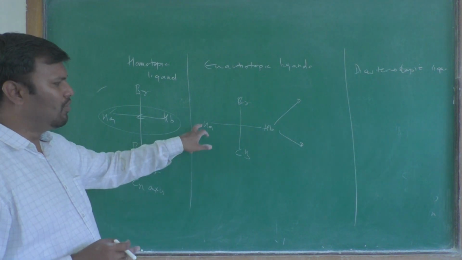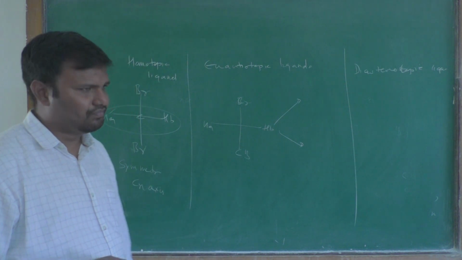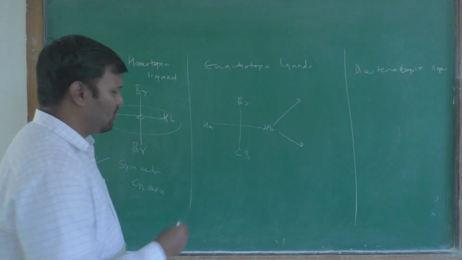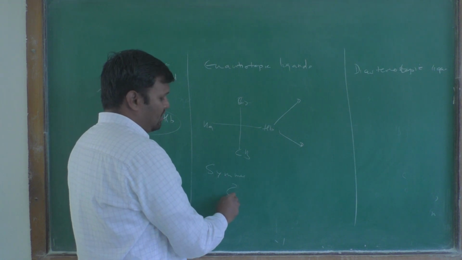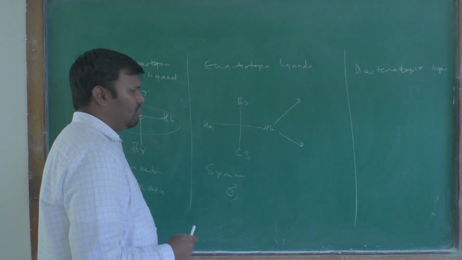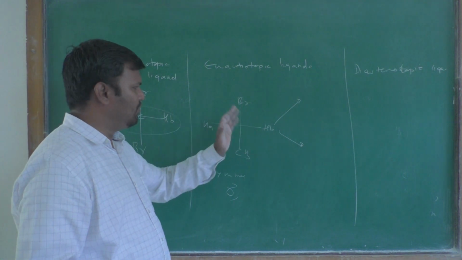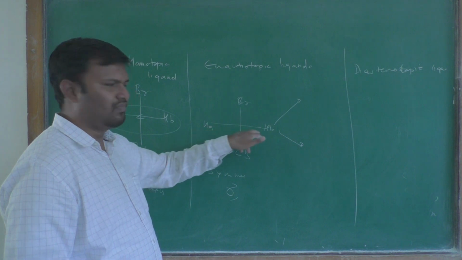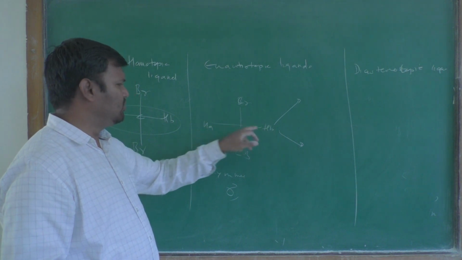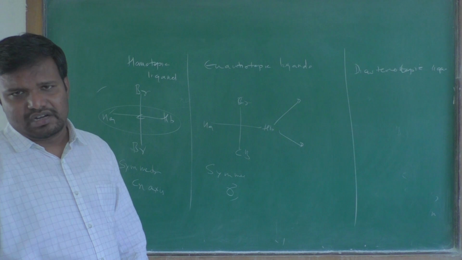Then these homomorphic protons are enantiotopic. The symmetry criterion for this molecule is that it has a plane of symmetry. If you pass the plane through it, an exchange of these two atoms takes place.